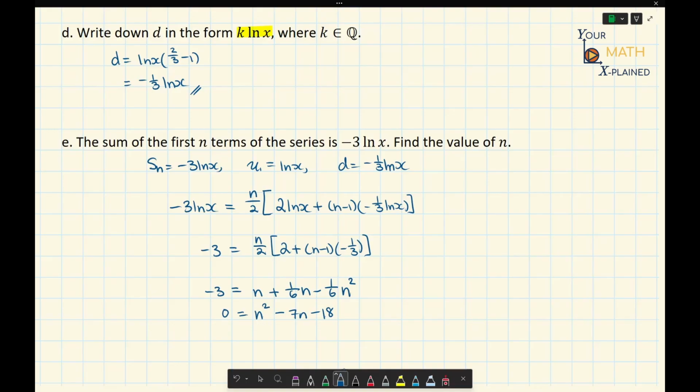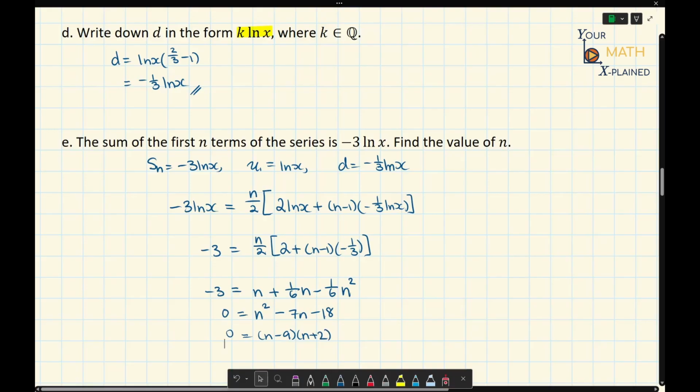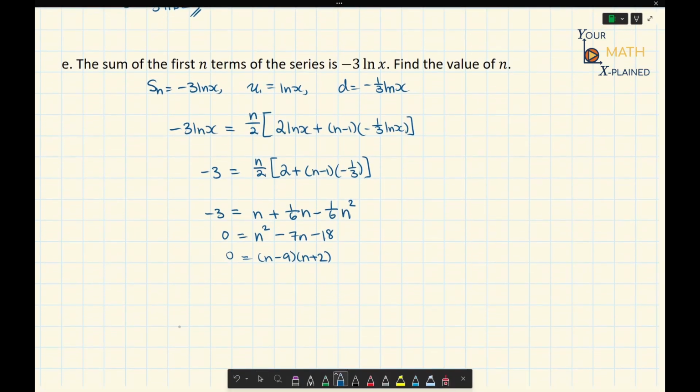And here, this gets factored into n minus 9 and n plus 2. So that means the two values for n are going to be n is equal to 9 or n is equal to negative 2. But since the number of terms must be a positive integer, n equals negative 2 is not a valid solution. So therefore, our answer here is n is equal to 9.